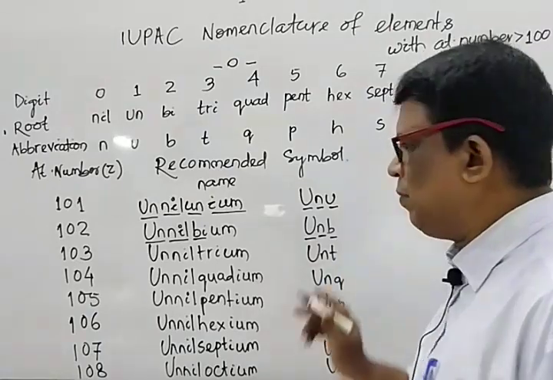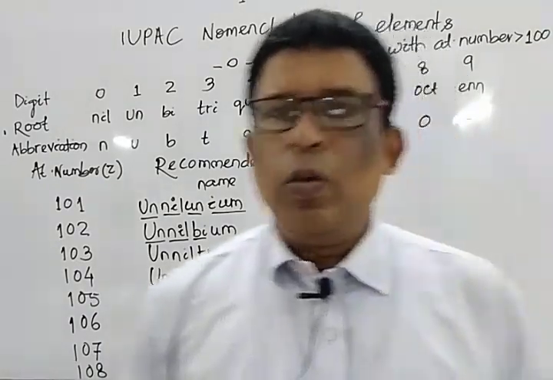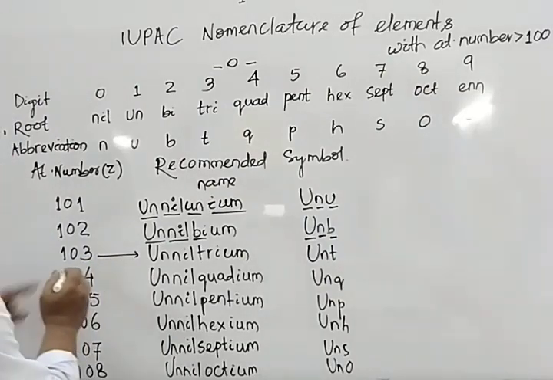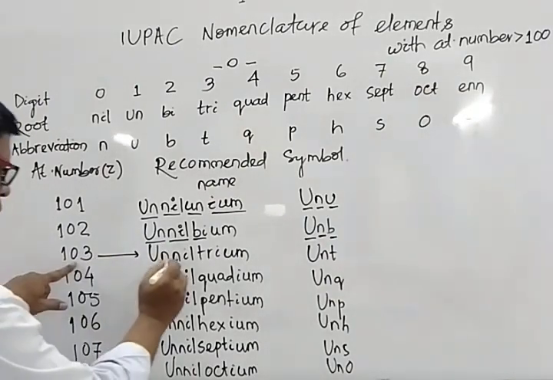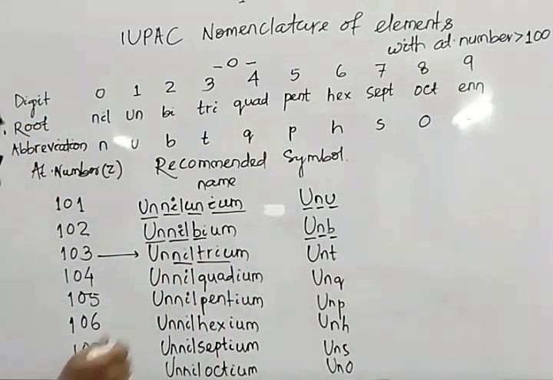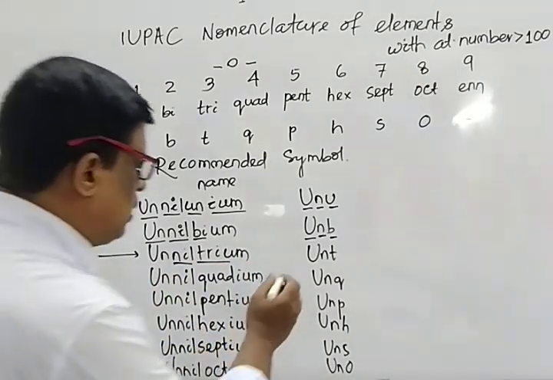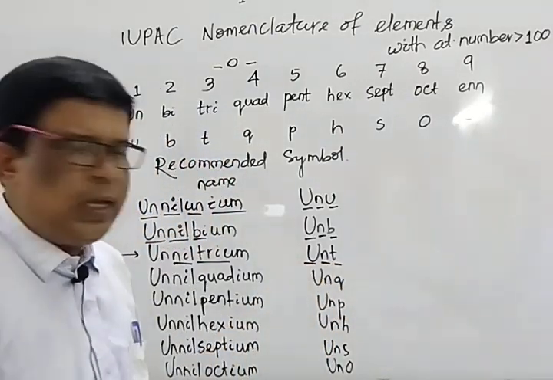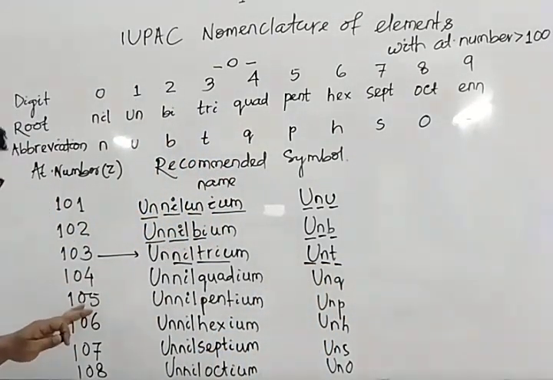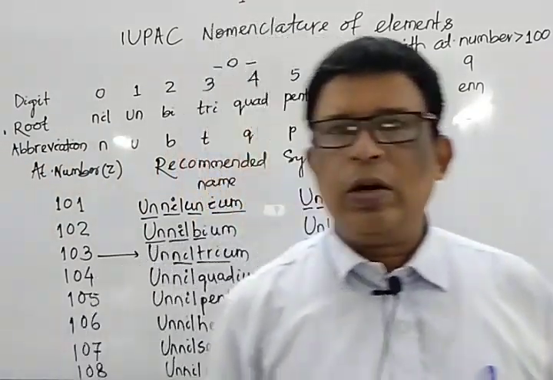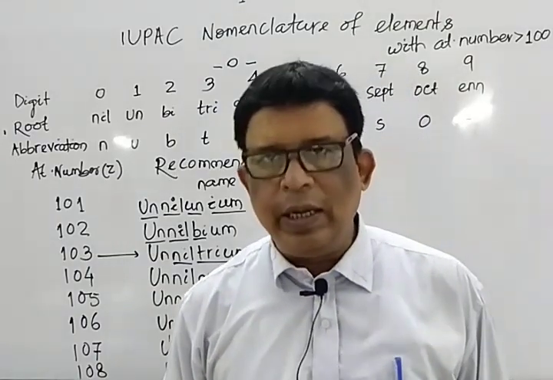Similarly, for 103, mark that: 1 is un, 0 is nil, 3 is tri, add ium: unniltrium. Symbol UNT. Similarly, 104, 105, 106, 107 up to 110 or 120.